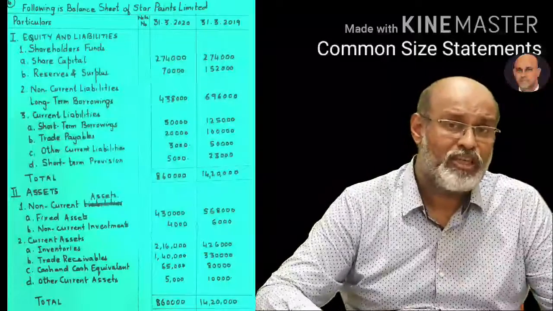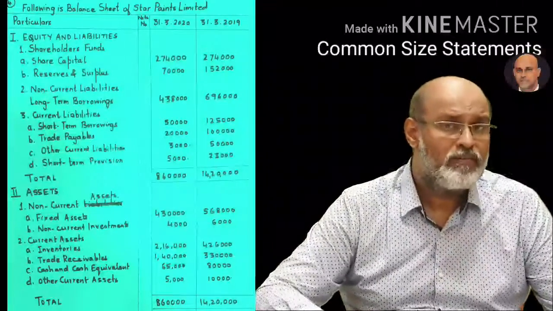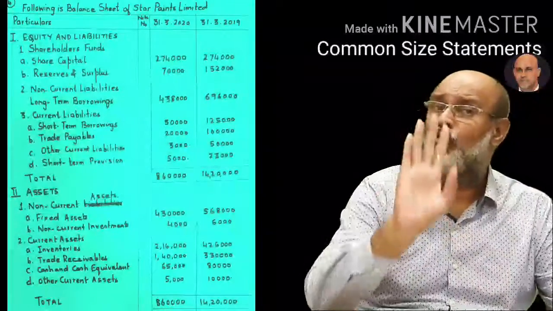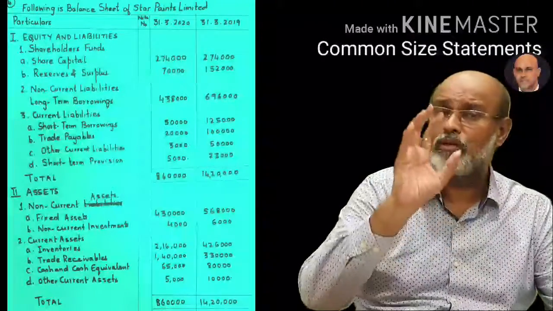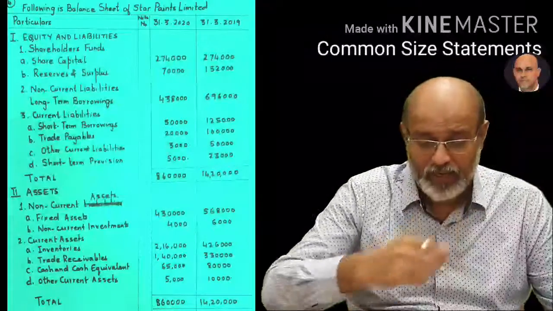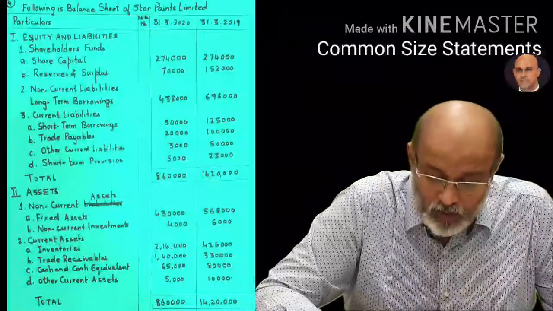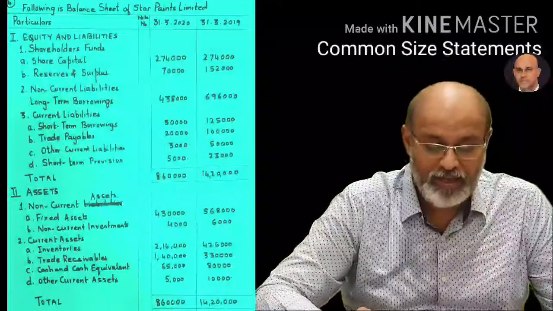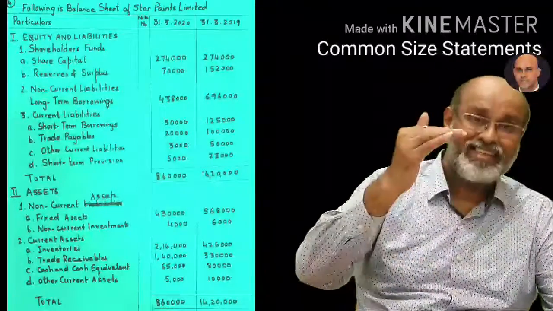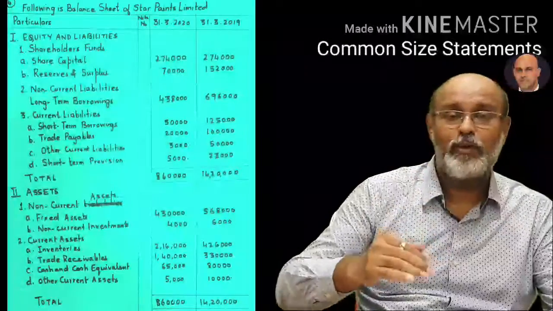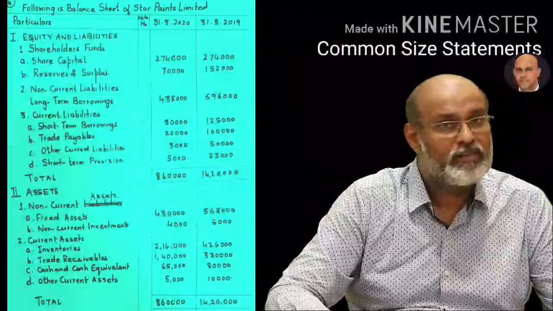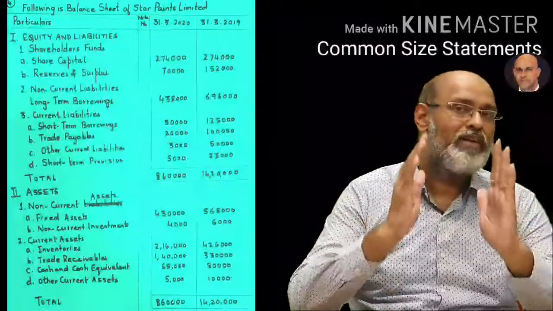Then you have cash and cash equivalent of the previous year, which is 80,000. 80,000 divided by 14,20,000, which is the total of your assets, will give you 5.64%. And finally, you have other current assets, which is 10,000. So 10,000 divided by 14,20,000 multiplied by 100 is 0.70%.